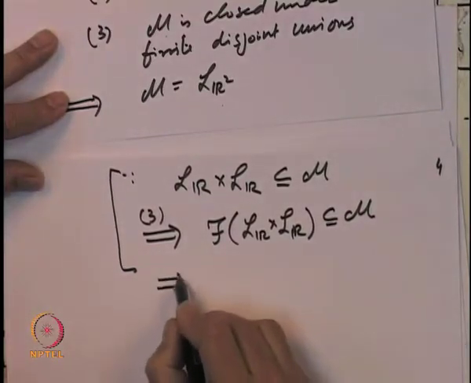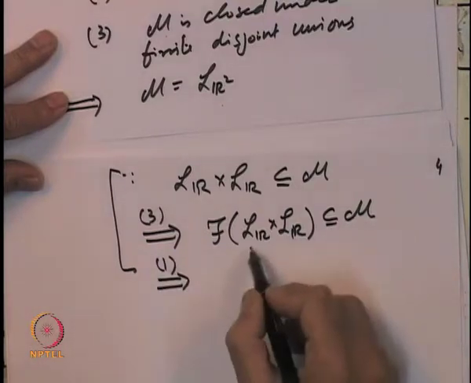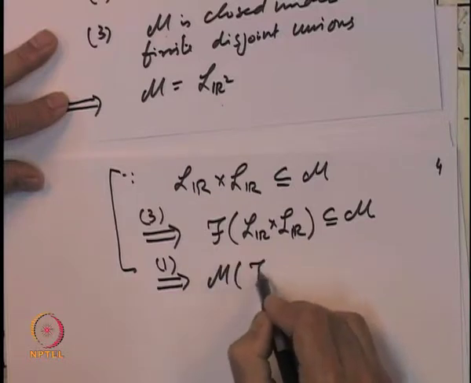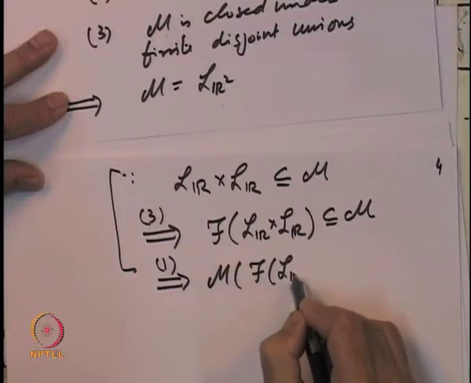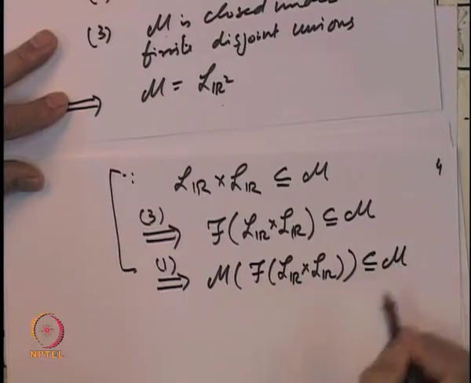And now, this will imply by 1 that M is a monotone class and this algebra is inside it. So, that will imply that the monotone class generated by this algebra, that is L r cross L r, will also be inside M.